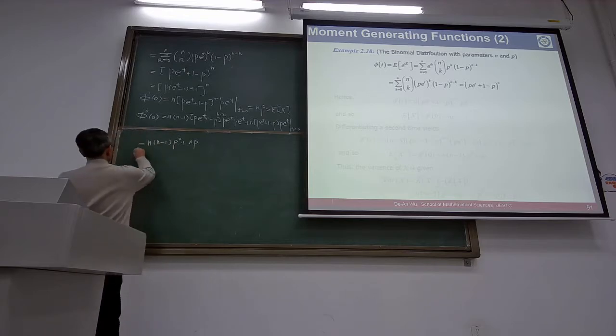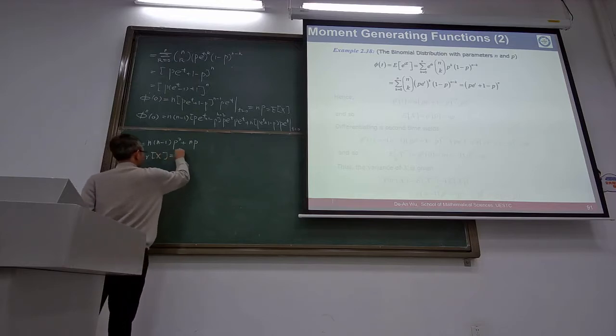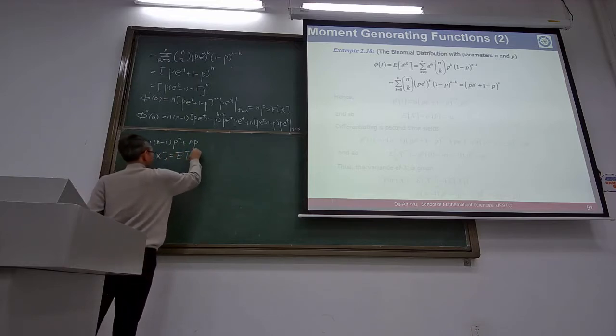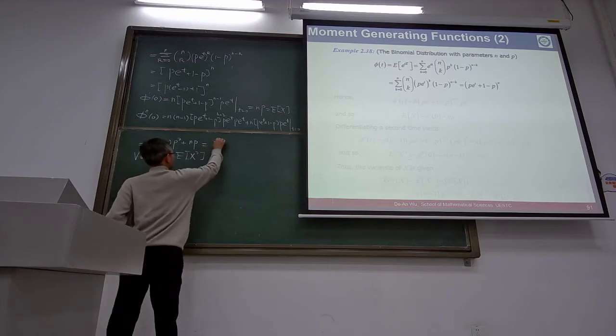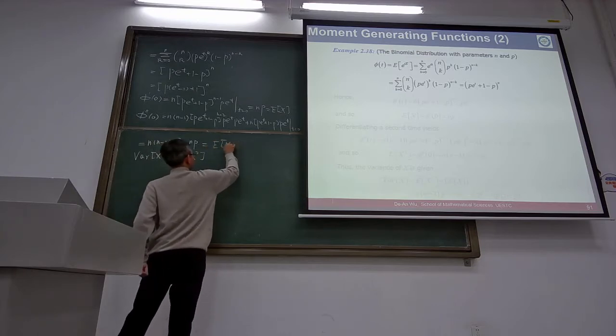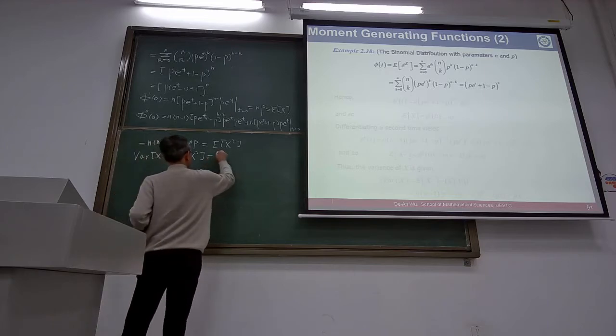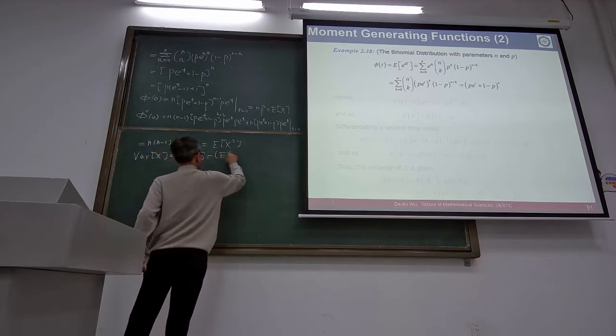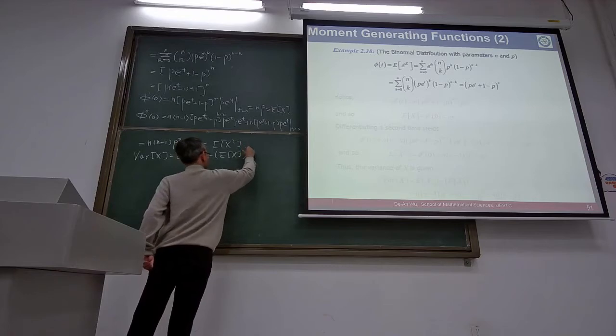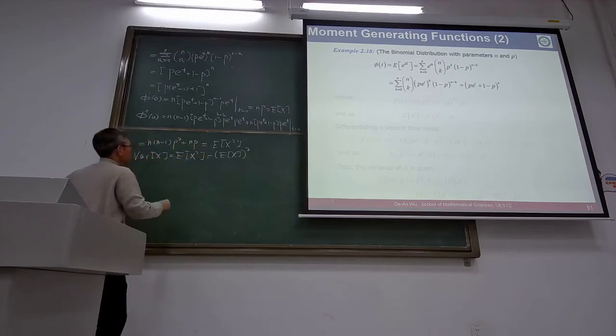And the variance of X just equals the expectation of X square minus the square of the expectation.